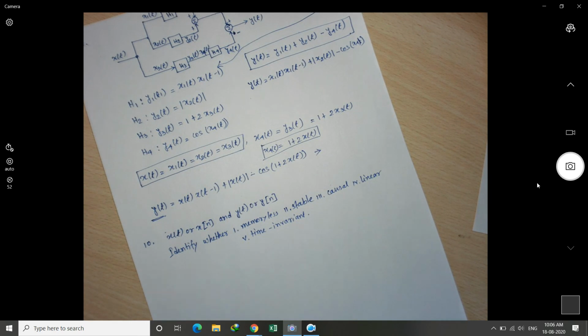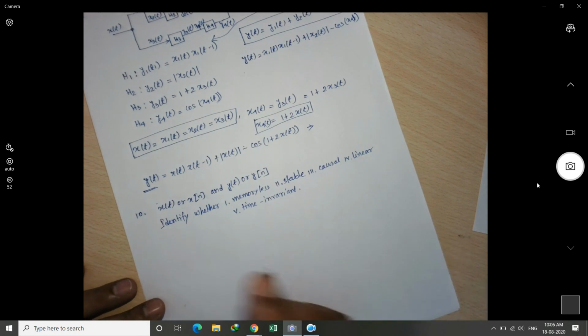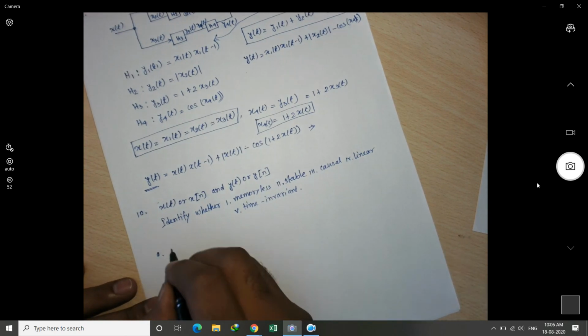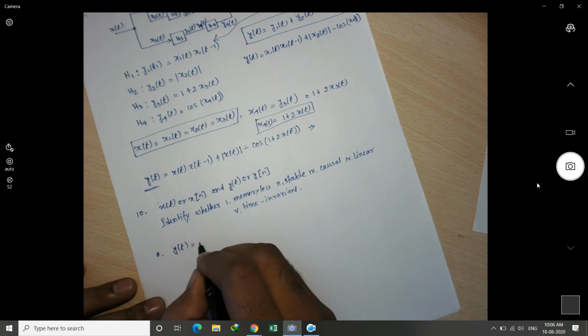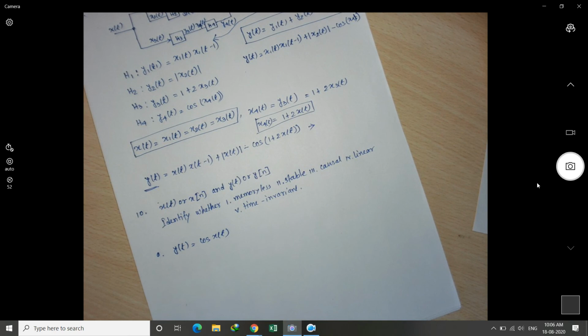So let us check for a simple system, that is y(t) is cos of x(t). Come on, speak out whether it is a memoryless system.